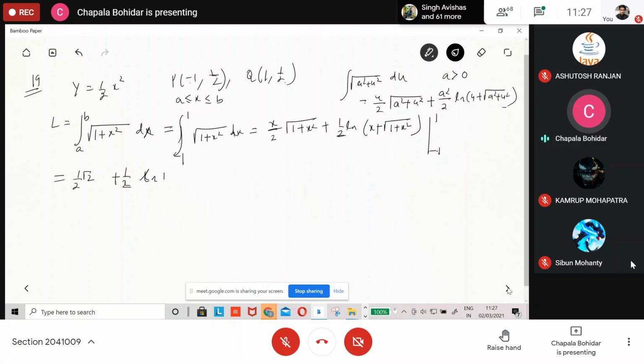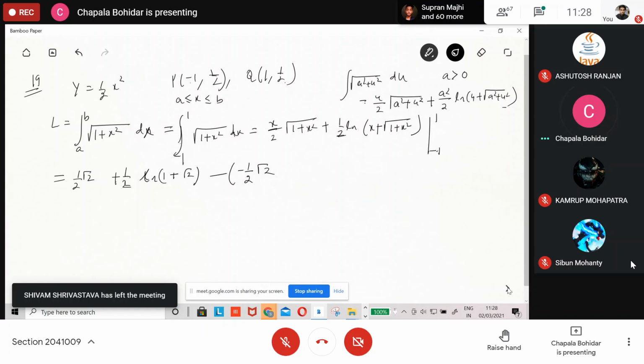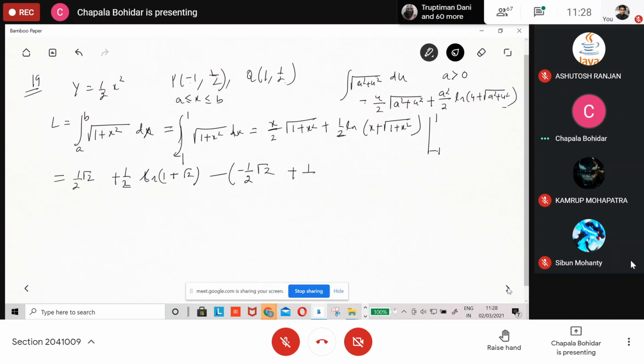Then minus, when I put -1, it comes -1 by 2 root 2 plus 1 by 2 ln of (-1 plus root 2).